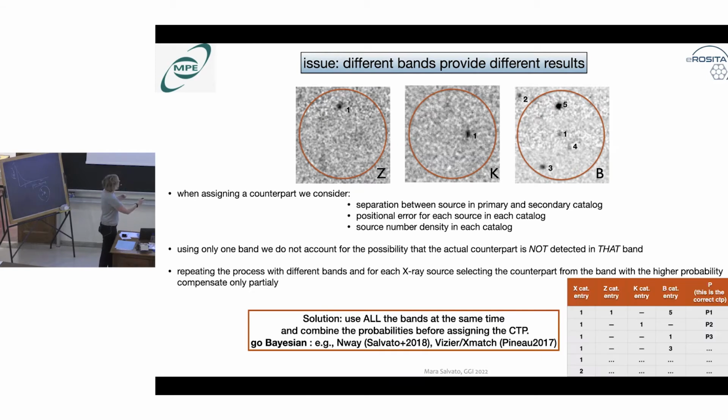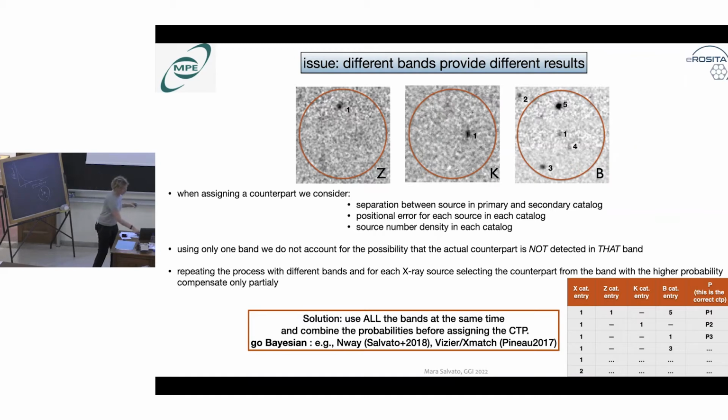We combine very different catalogs and compute the probability for each object to be the right counterpart. We combine the information, taking into account that an object is not seen here, is only visible there, and so on. The probability is based on the separation between the X-ray and the optical, the positional errors in X-ray and optical, and the number density of objects in X-ray and in optical.